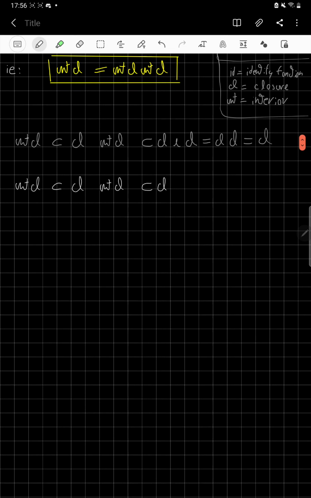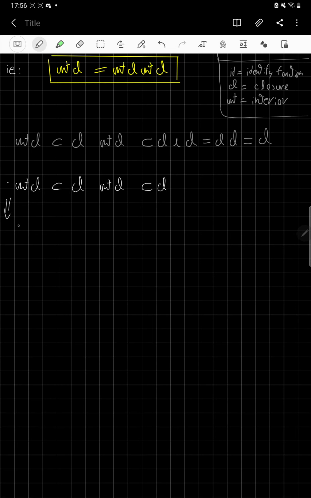We have this. And now what can we do? Now, if we apply the interior to this inequality, we're going to end up with the interior of the closure and the interior of the closure here. So we're going to obtain an equality.